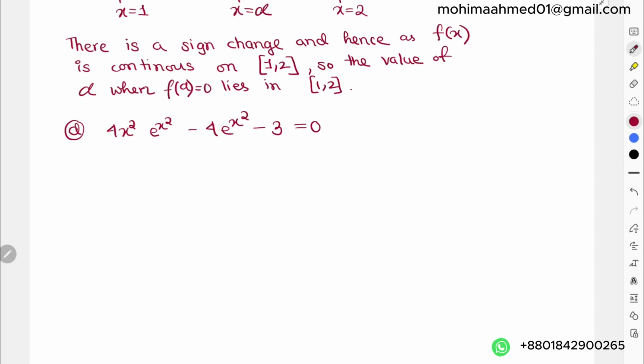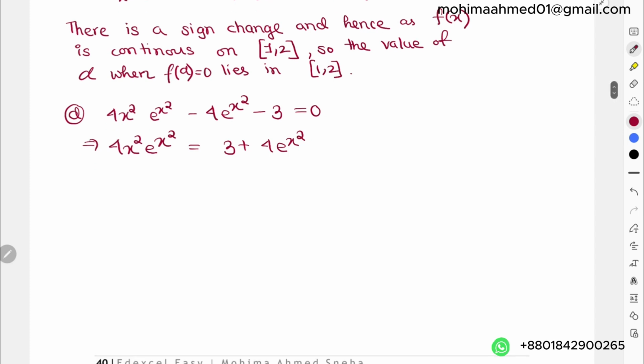I'm going to consider this, that if I take 4x squared e to the power x squared to the left hand side and write 3 plus 4e to the power x squared to the right hand side, and from there if I just keep x squared common, it will be (3 plus 4e to the power x squared) divided by 4e to the power x squared.